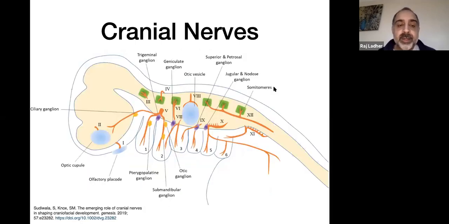Again, the cranial nerve organization seems to follow very similarly this idea of branchial arches. Each arch has a particular cranial nerve that goes through it.